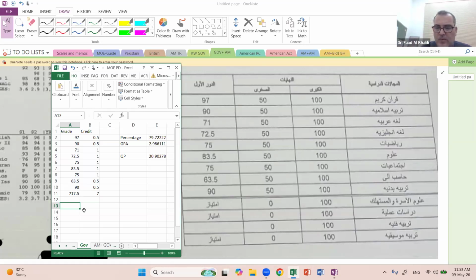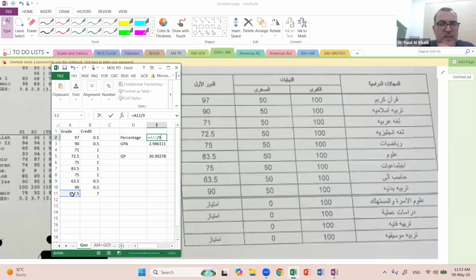So now, what is the percentage? The percentage equals the total divided by the grand total, multiplied by 100. Since all grades are out of 100, the easiest way is to divide by the number of courses, which is 1, 2, 3, 4, 5, 6, 7, 8, 9 courses.